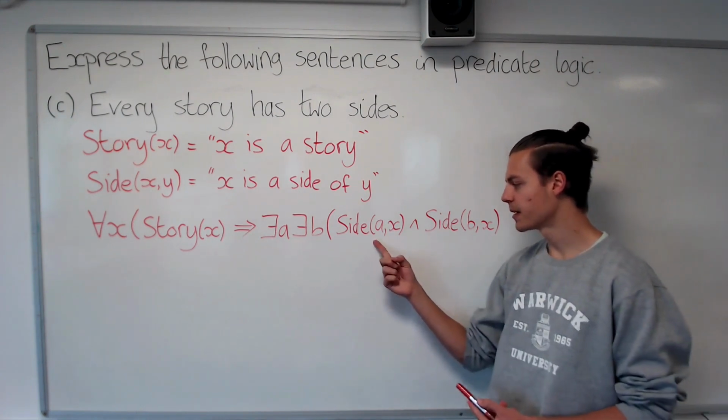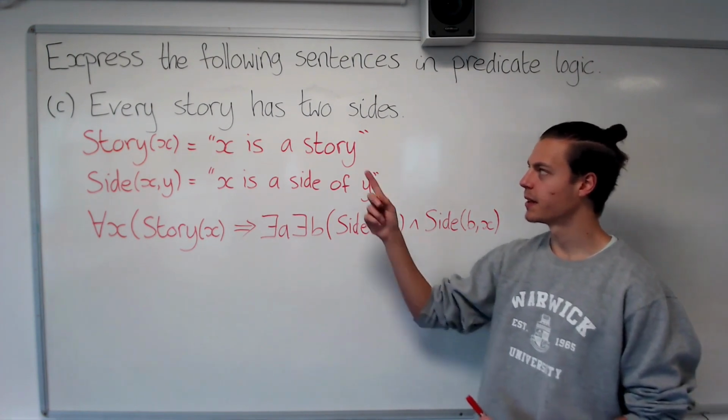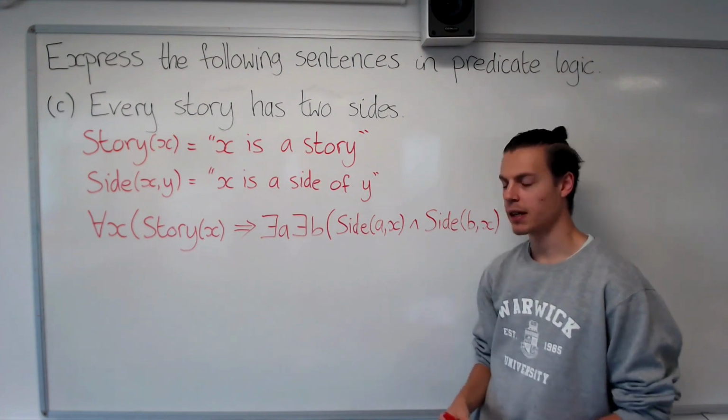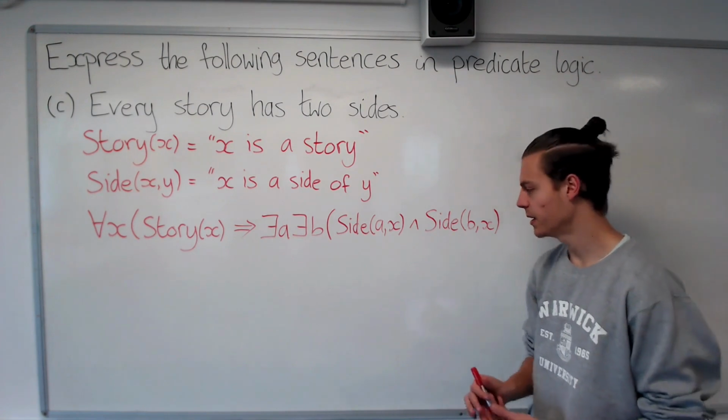So A and B could be equal, but that would not express that the story has two sides, right? Then the story would still only have one side. So we need to express that A and B are distinct, right?